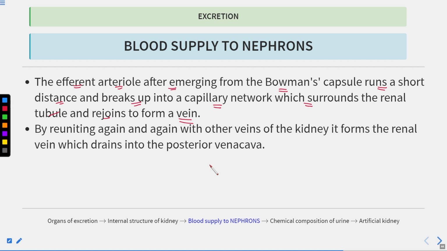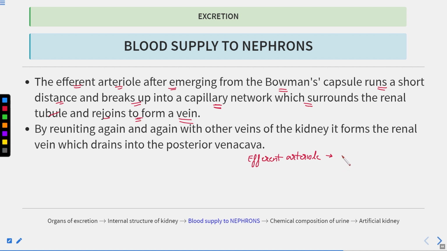Okay, this is clear. So you can write like this. So the efferent arteriole now breaks up into the capillary network, and then it rejoins to form the vein.